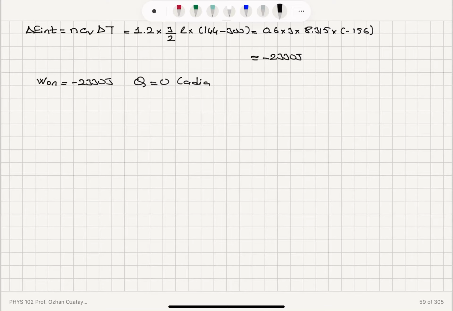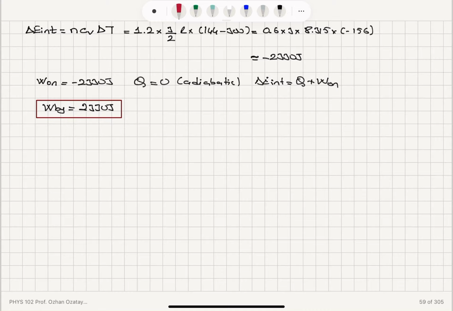It's an adiabatic process, and delta E internal is Q plus W, where W is work done on the gas. And therefore work done by the gas in the adiabatic process is plus 2330 joules. It's an adiabatic expansion. Part C is isobaric expansion.